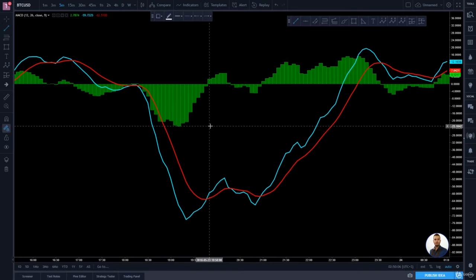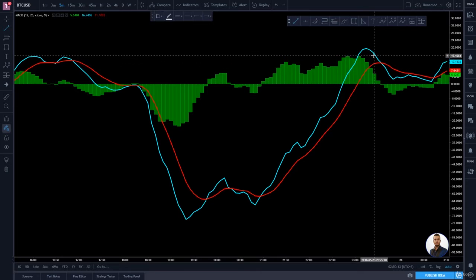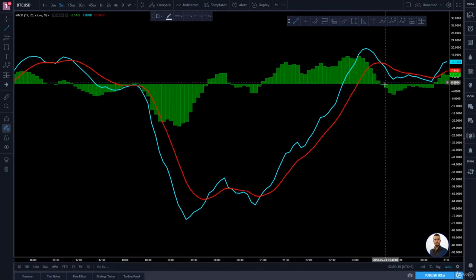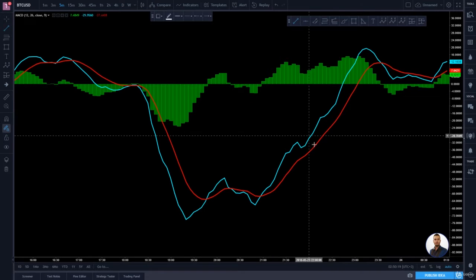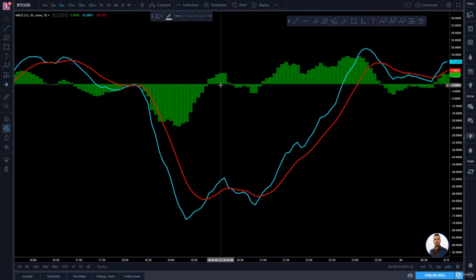Here on the right we have this bar, which refers to how much these bars or columns, however you want to call them, upticked or downticked from the previous one, and the difference between the MACD and the signal moving averages.